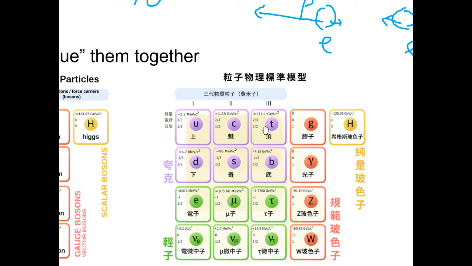And for these two, we need 173.1 GeV per c squared to really generate them. So that's why they want to have a particle accelerator. And a few years ago, the physicists claimed that they could generate the Higgs boson.